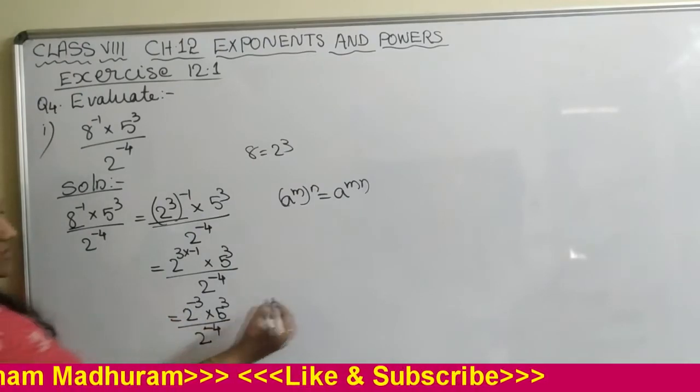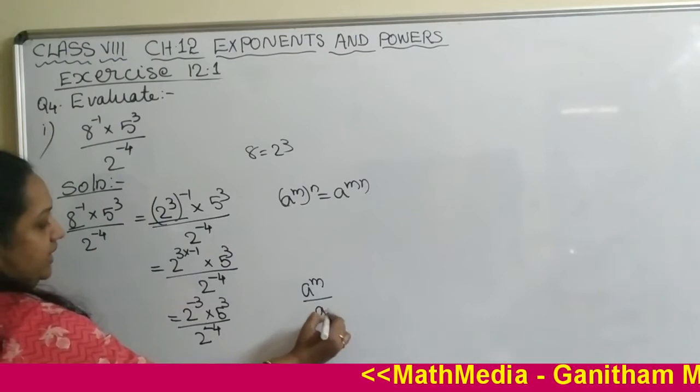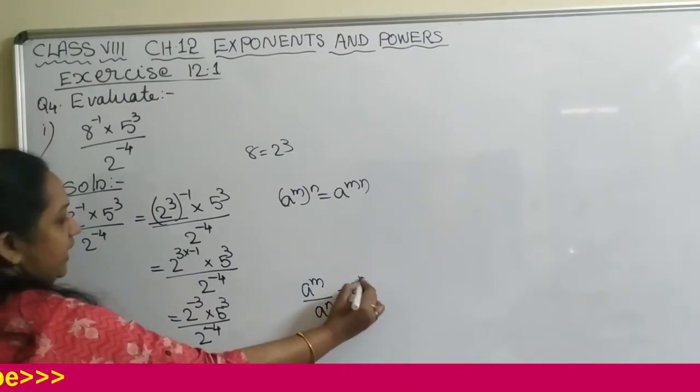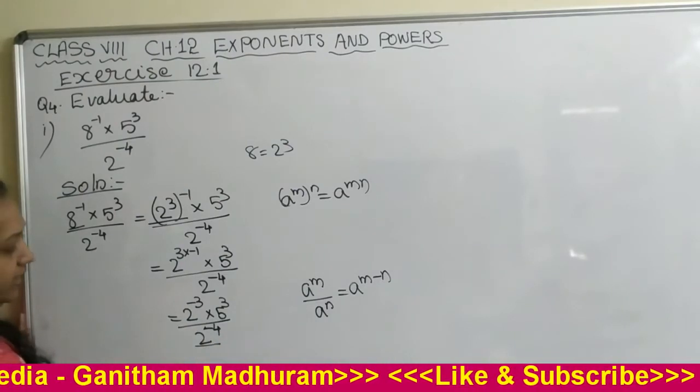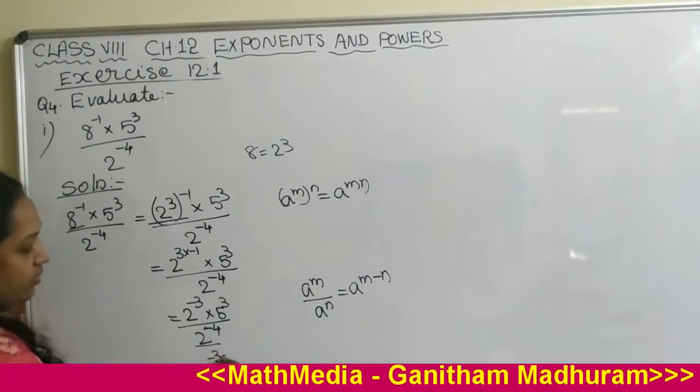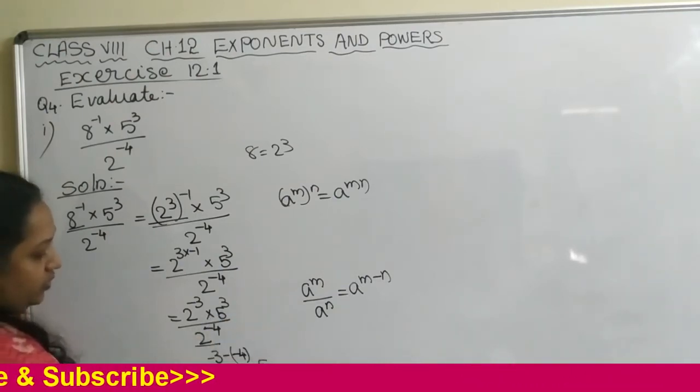See here this is of the form a raised to m divided by a raised to n equal to a raised to m minus n. So you can apply here. So we get 2 raised to minus 3 minus 4 into 5 cube.